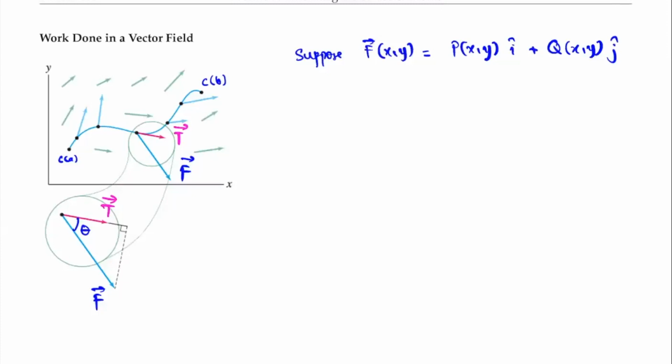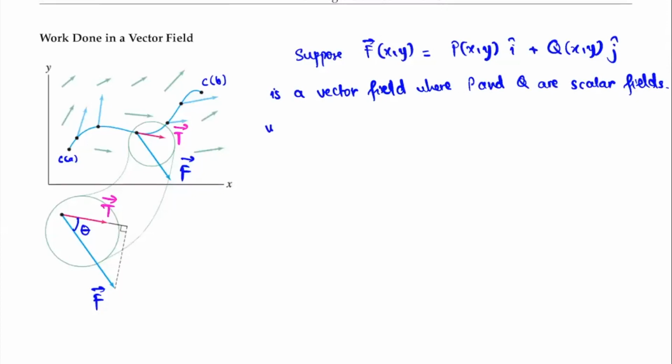Suppose this is a vector field where P and Q are scalar fields. Again, a scalar field is just the real-valued functions, the regular functions that we have been doing.